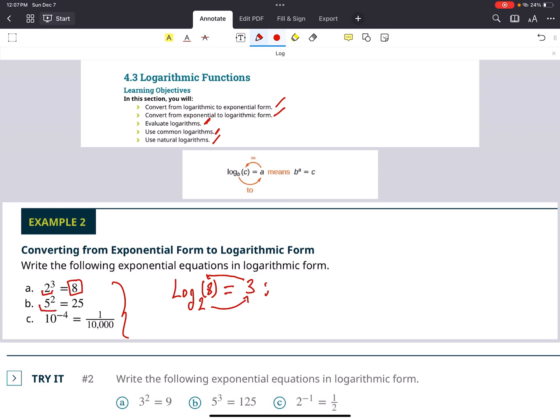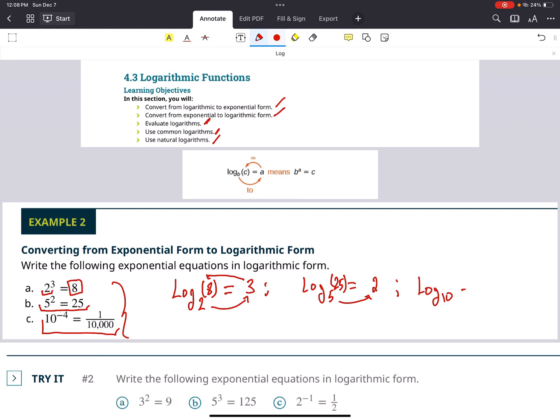So 2 to the power of 3 equals 8, and that's it. What about the second one? We have log of 5, which equals 2. So 5 raised to the power of 2 equals 25. Now what about the last one? Well, the base is 10, right?